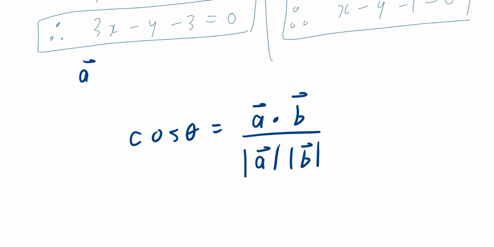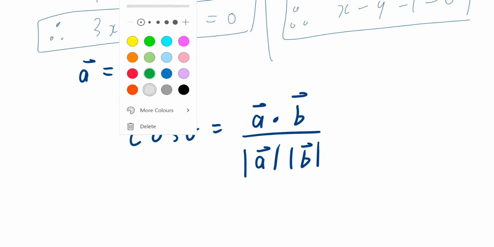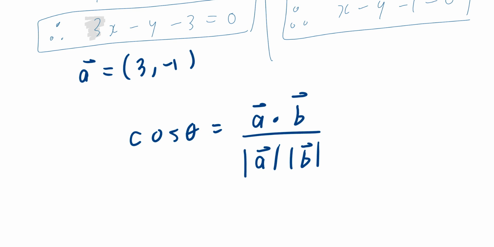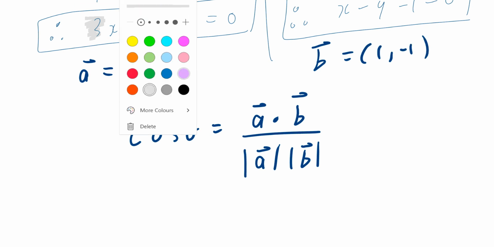Now, if you go back to the first column, vector A in this case is going to be (3, -1). Again, notice what I'm doing here: (3, -1). Likewise, if you look at vector B, that's going to be (1, -1).